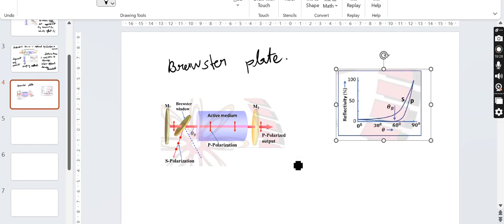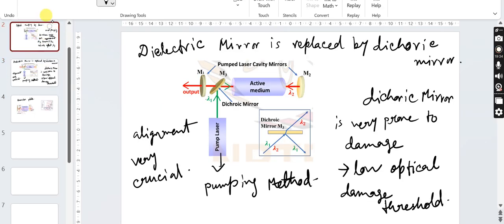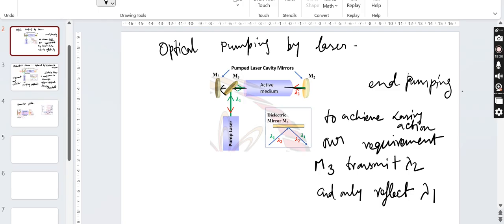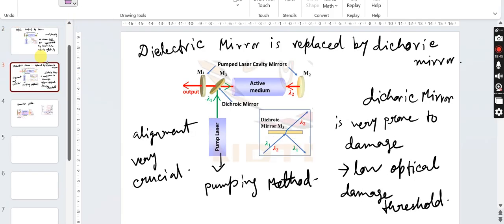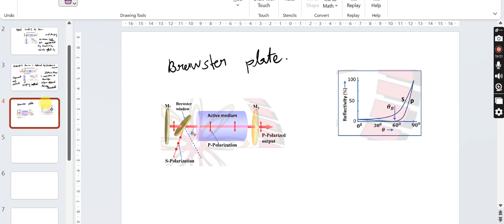And when we use a Brewster plate, we not only overcome the situation. Instead of a dielectric mirror, we would be using a dichroic mirror to let the lasing action start. But dichroic mirrors are very expensive and have a low optical damage threshold.